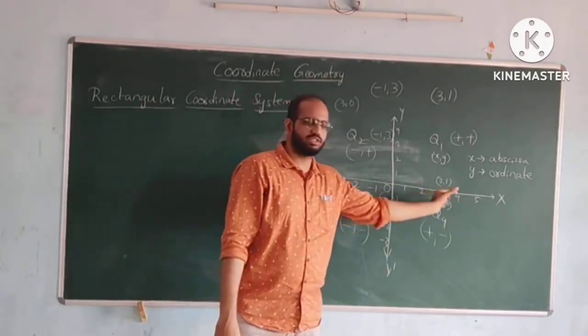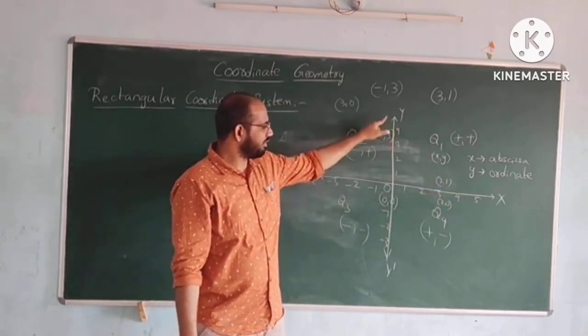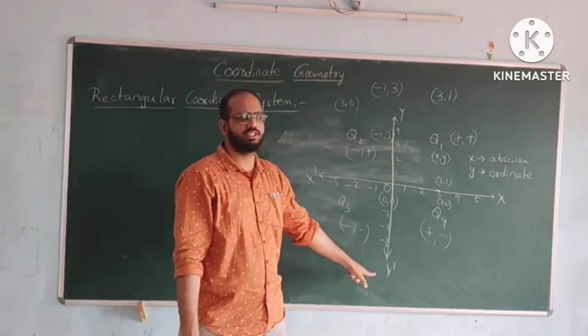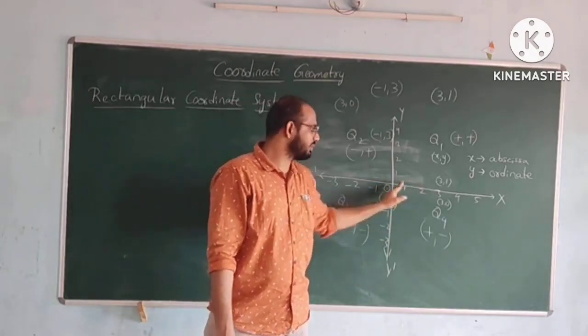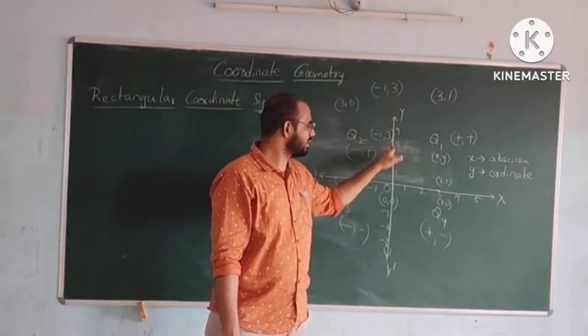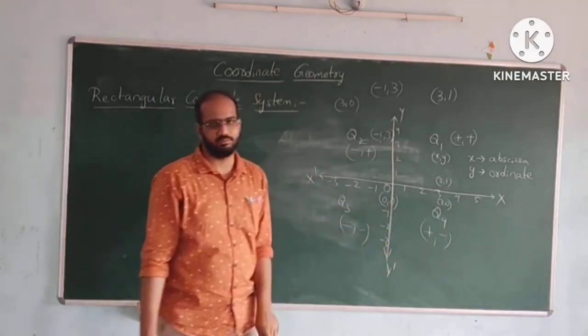Every point on the x-axis will have its y-coordinate 0. Similarly, every point on the y-axis will have its x-coordinate 0, because there is no horizontal movement. So the points are 0, 1, 0, 2, 0, 3, and 0, minus 1, 0, minus 2, 0, minus 3.